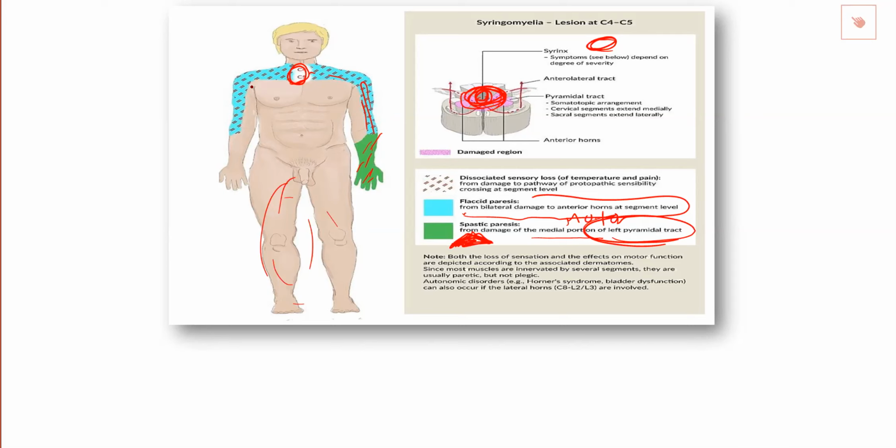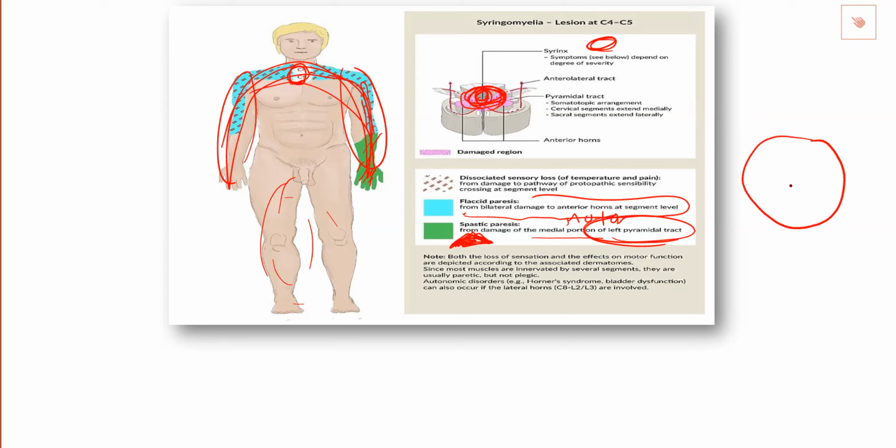So upper limbs are more affected than lower limbs. Why? Because the central portion is affected, with arm fibers more medial and leg fibers more lateral.